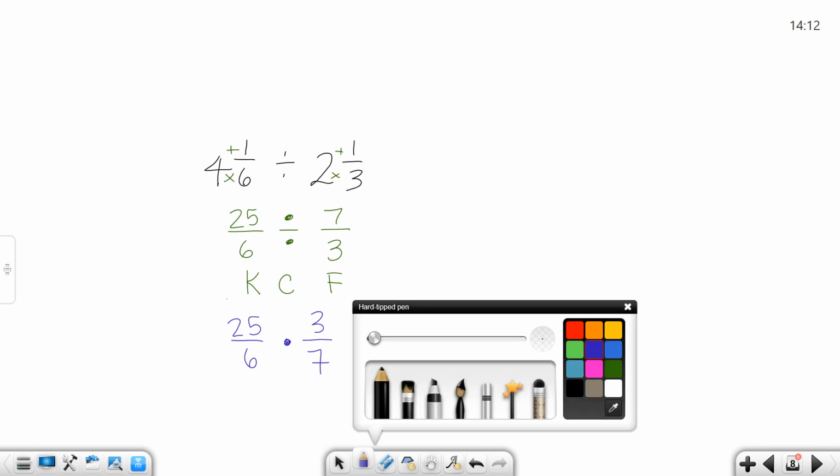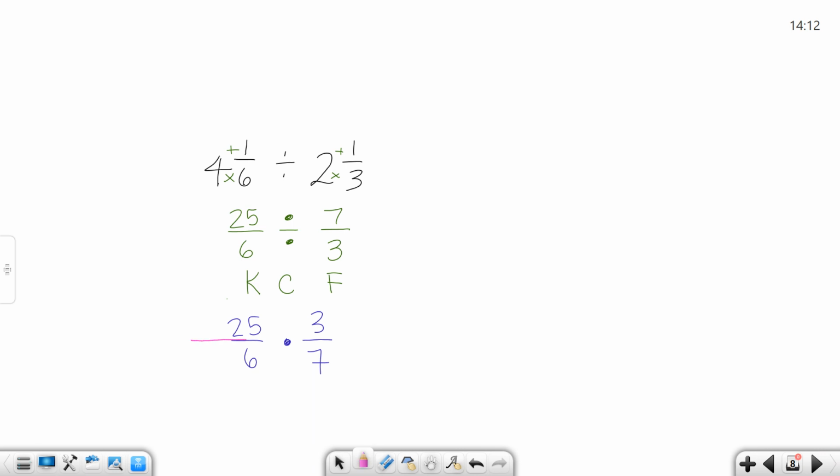Now the numbers are a little bigger, so if the numbers are bigger, I think it's easier to reduce first, but you don't have to. You could easily say this was 75 divided by 42, and then you could reduce. 25 doesn't go with any of these numbers, but 3 and 6 do. 3 goes into 3 one time, and 3 goes into 6 2 times.